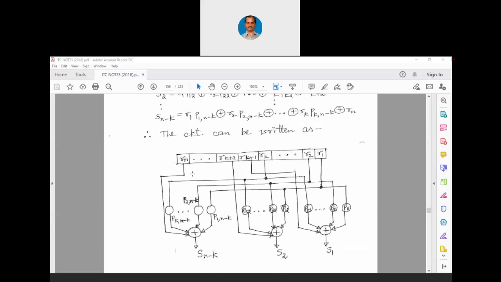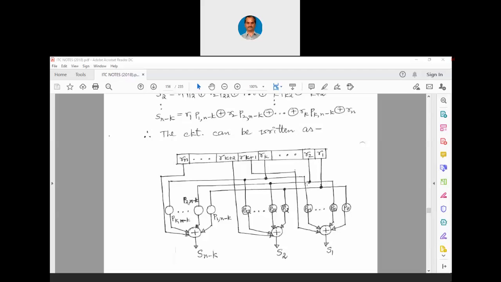Now the circuit can be implemented by means of switches, memory elements, and registers at the receiver. At the top you will see the register. The register's LSB is R1, and its MSB is Rn. All the received bits are stored in the register, and from the LSB, R1, it is multiplied with the parity bit P11, and then it is XORed with R2 into P21.